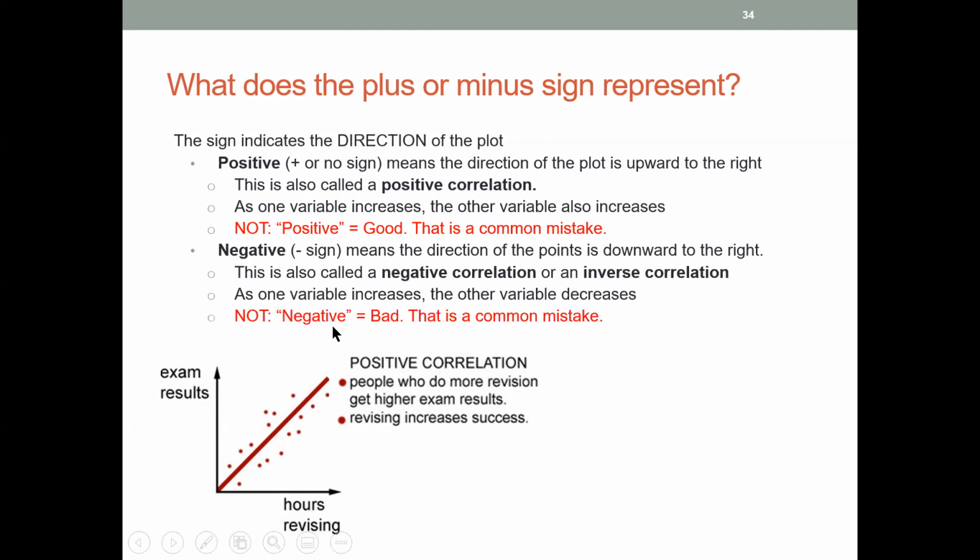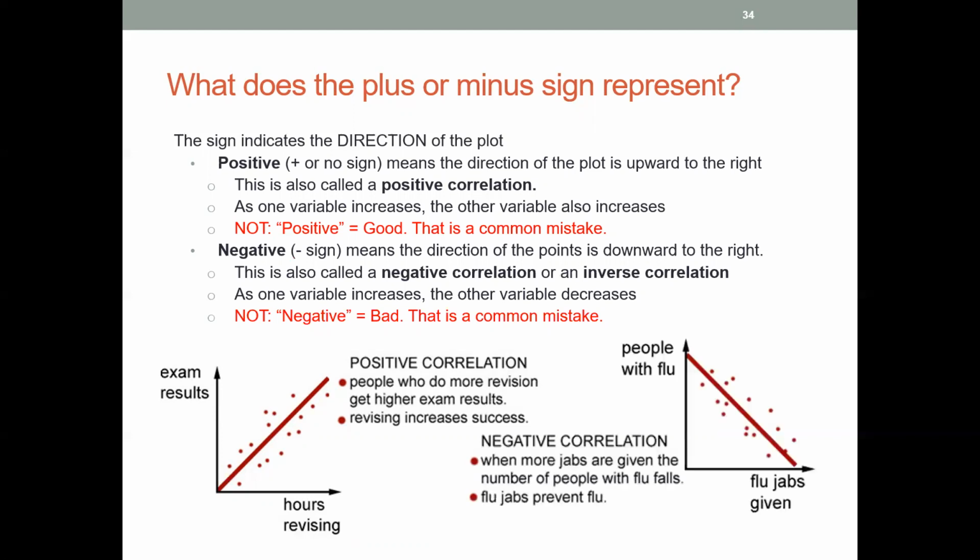So a negative sign means that the direction of the points is going downward. It's called a negative correlation, or else you might see it written as an inverse correlation. As one variable increases, the other decreases. Don't say negative is bad. That's that same mistake again. In this case, there's no good and bad. There's just positive and negative, indicating direction.